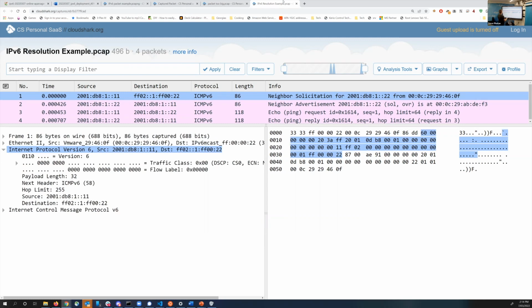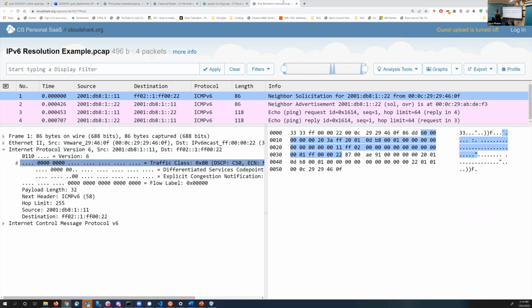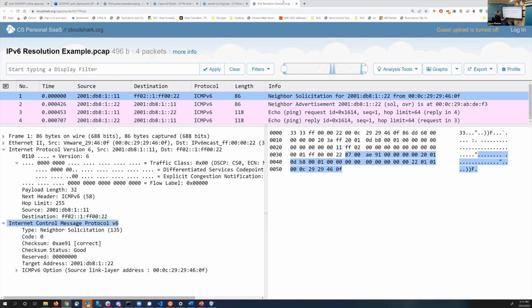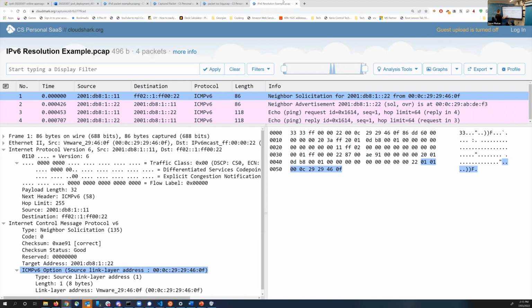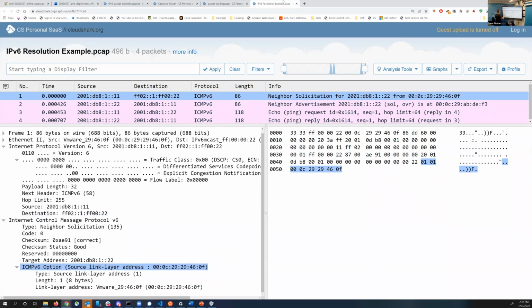So I'm sending a ping, or it's an ICMP message, which is correct. We have my payload, ICMP source from DB811 going to, I want to go to 22. We've got that target address there, and we've got my source link layer, and we don't know the destination.